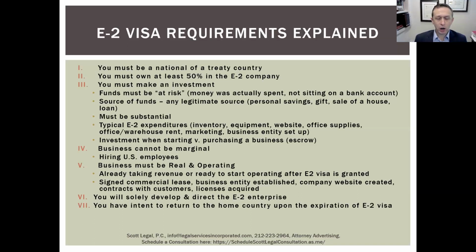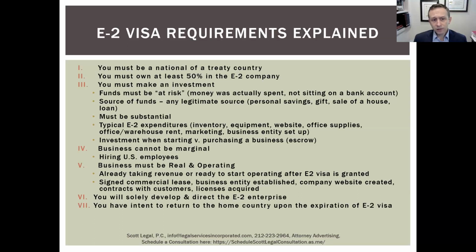The fourth requirement for an E2 visa that you see on the screen is that the business actually needs to employ US workers. The rule of thumb that we use is that you need to employ at least 3 full-time US workers within 5 years of the business getting started.